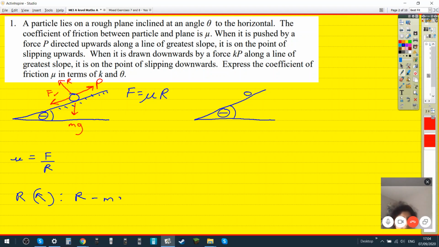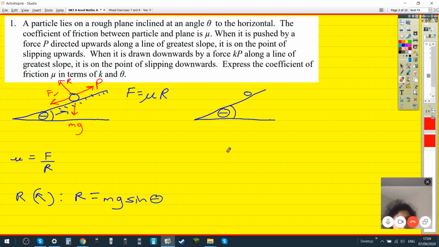I'm not sure if it would be sine or cos theta. I believe it's sine because it's opposite. Oh yeah, okay, mg sine theta is equal to 0. Therefore R is equal to mg sine theta.